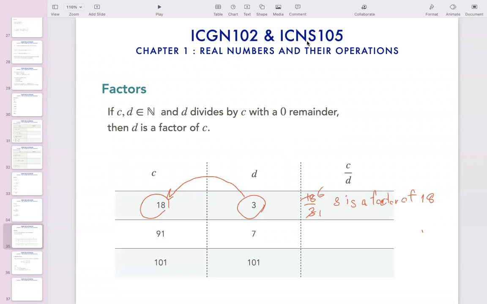While C is 91 and D is 7, my question is: is D a factor of C or not in the second example here? Yes or no?